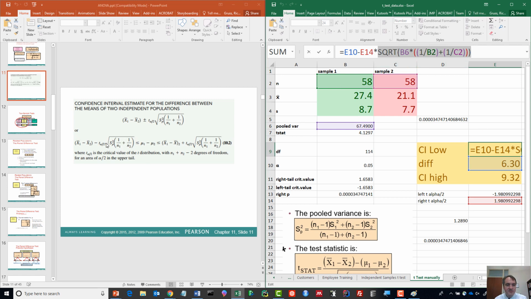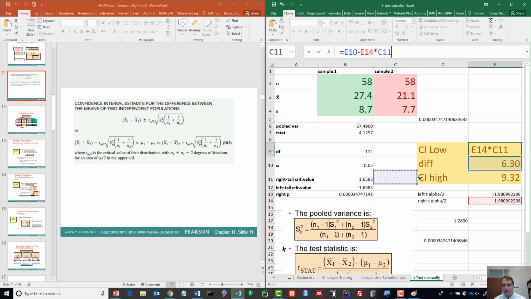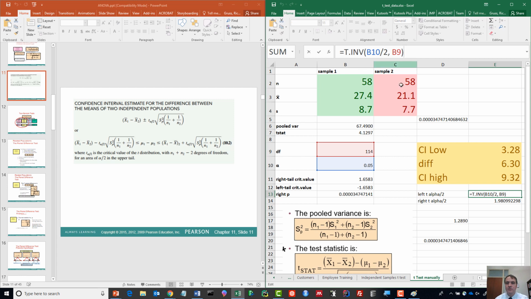Okay, now this t alpha over 2, that's your critical value, your two-tail critical value. In order to find that, we need to actually use the T.INV function. So that's calculated here in cell E13. I'm calling T inverse, remember T inverse gives you critical values, and then I'm cutting the given alpha in half, right?